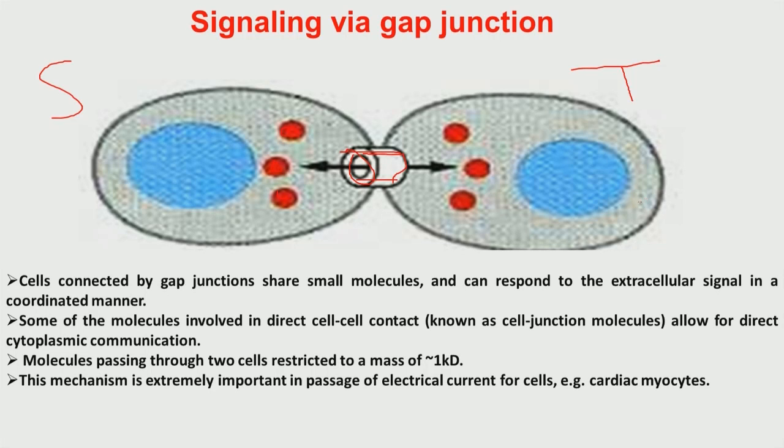For general understanding, consider the left hand one as the source cell and the right hand one as the target cell. We are trying to understand, once the signaling molecules get transported through this porous channel, what the kinetics of these cell signaling molecules would be, and how many cell signaling molecules can pass through this kind of gap junction. That is what I will explain to you maybe in the next module.